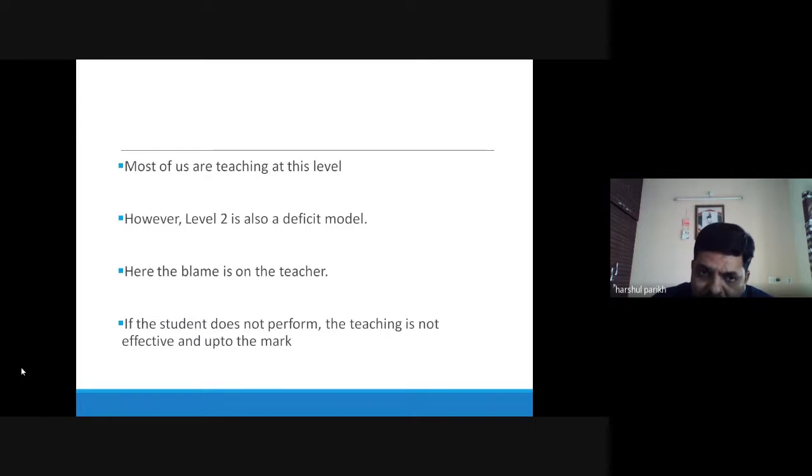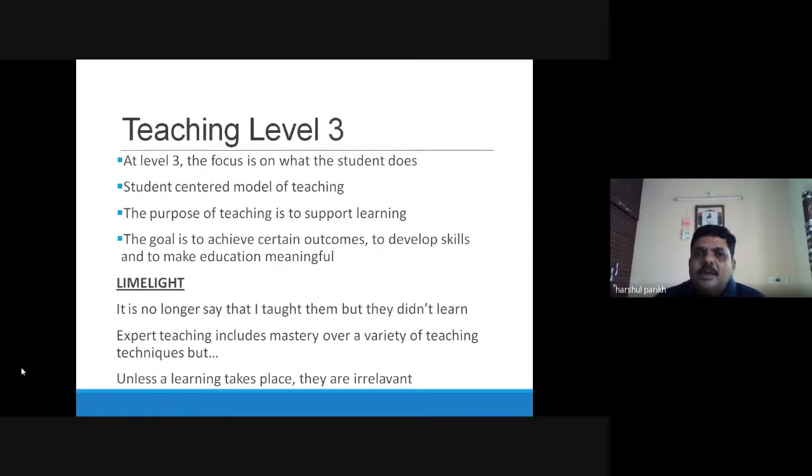So that is teaching at level 2. Now level 3, which is more focused on the student. It is a student-centered model of teaching. The purpose of teaching is to support learning and create a learning environment.